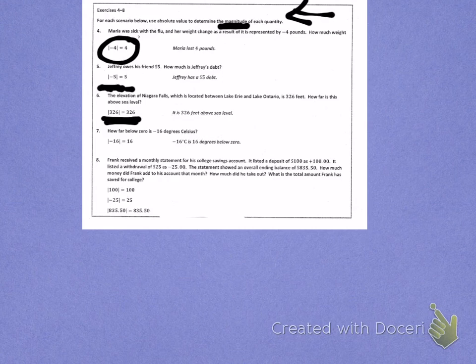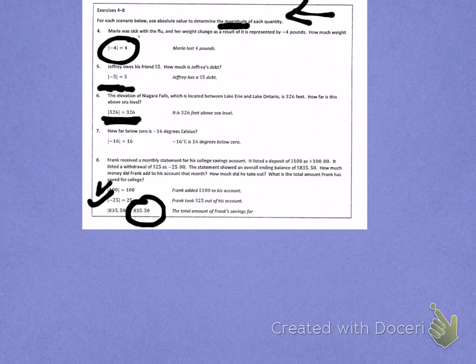So you can see how the first number here shows the $100 from his deposit, and then it shows the -25 that he took out, but then we know that he has this balance, the absolute value balance there. So the way you would show this would be that the first statement would be that Frank added $100 to his account.